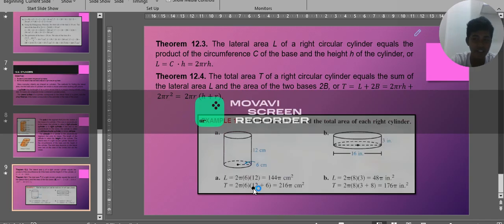That's correct. Now, 108 multiplied by 2 is 216. 216 pi square centimeters. That's the total area of this right circular cylinder.